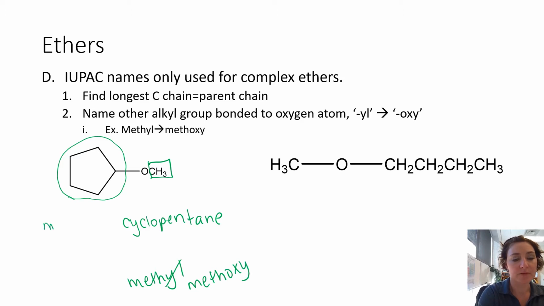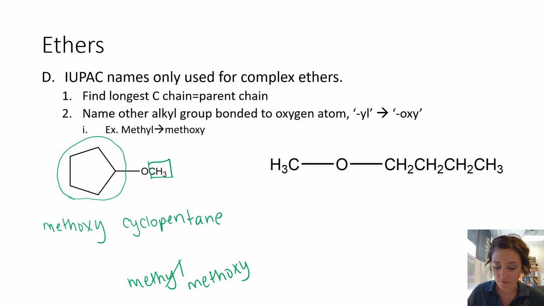So this would be methoxycyclopentane. There's no numbering to do because you have only one option. One parent chain is coming off of one side of the oxygen, the alkyl group is coming off of the other. Now would be a fabulous time to pause me and attempt the other problem on here and then pick it back up when you've tried this.